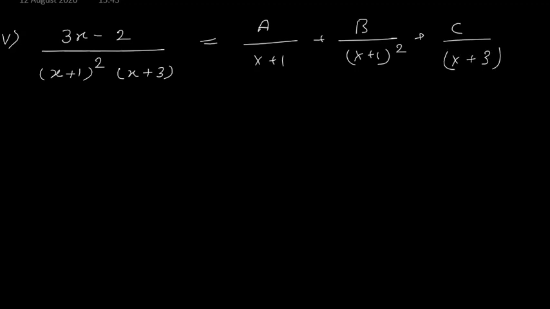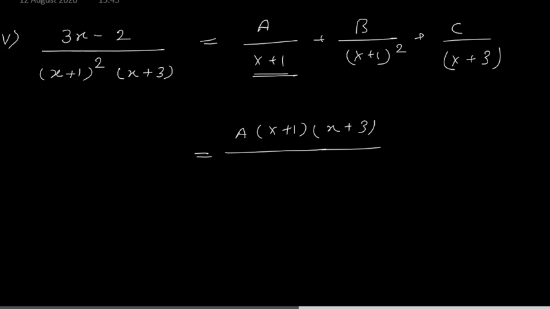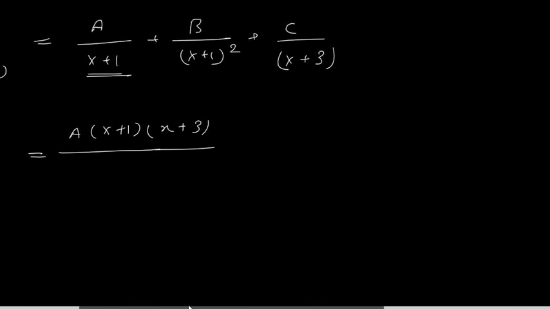Now again I am going to make the denominator the same on both sides. For that, already x plus 1 is here. So we have to multiply the numerator by x plus 1, so that the denominator will become x plus 1 square and x plus 3. So you will find that your numerator, first is A times x plus 1 into x plus 3.